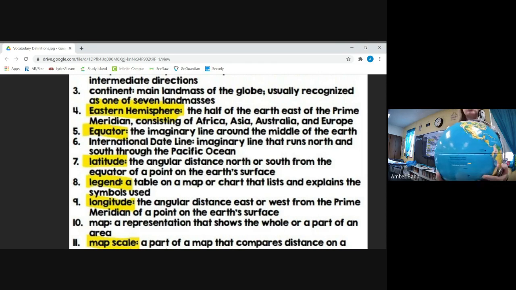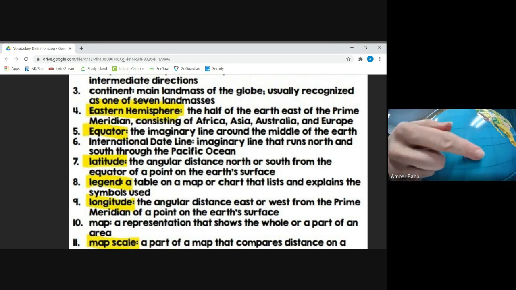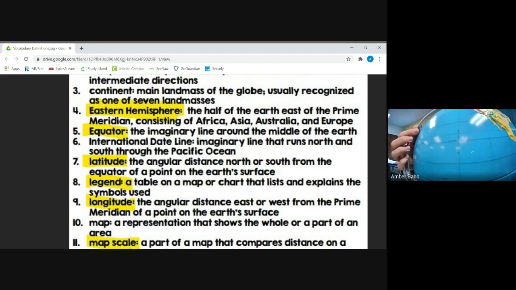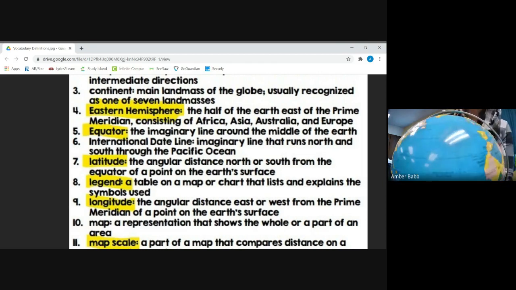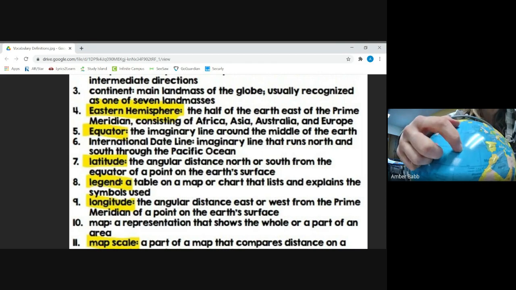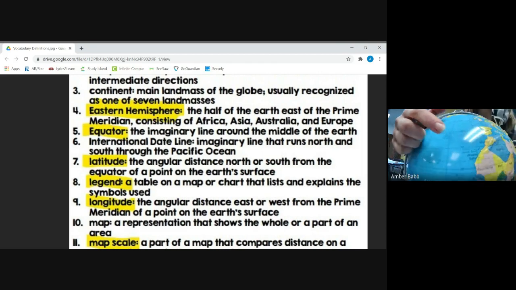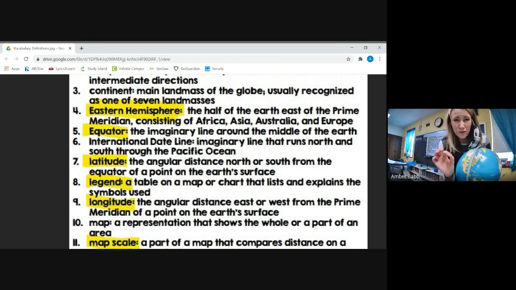So if I'm looking at my globe, and I'll go around the room for you to see, do you see the little black stripes running sideways around the globe? Those are the imaginary lines of latitude. And do you see that there are numbers on each line, like 40, 30, 50? Those numbers are degrees.